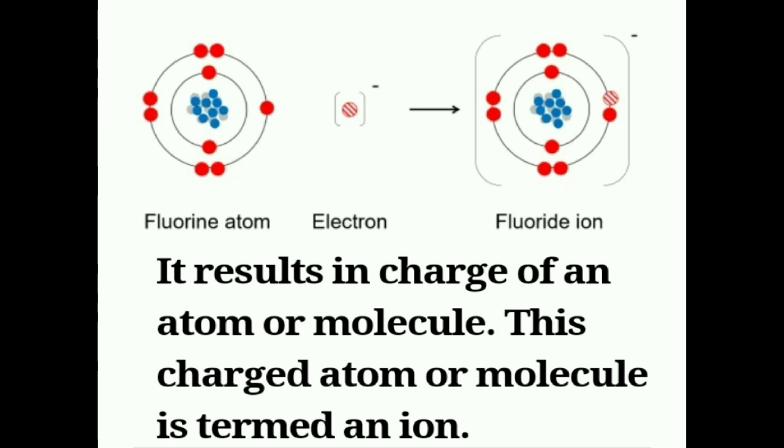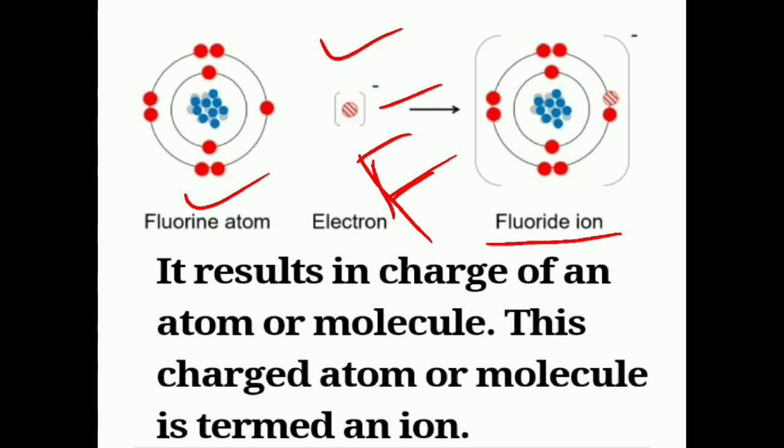Similarly, if we take the fluorine atom, it has 9 electrons. If it gains an electron, it gains a negative charge. So the negative charge in the fluorine atom increases and it forms the fluoride ion. We write it F-.